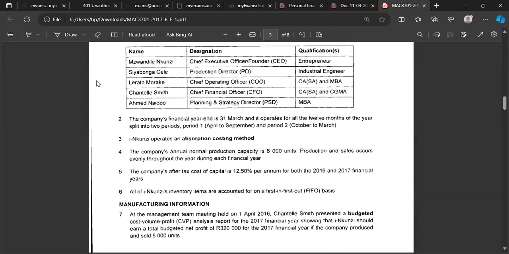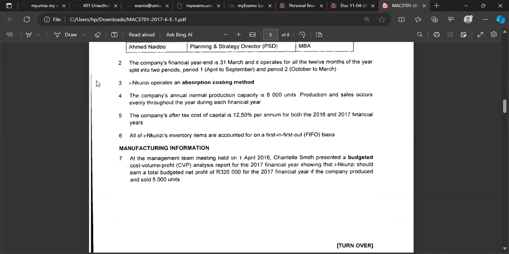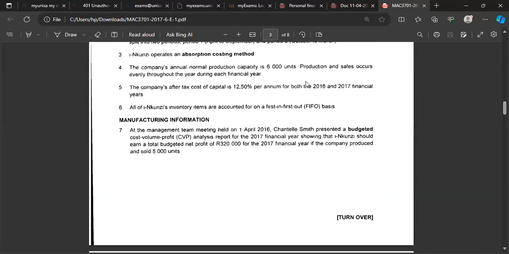Like I said, you want to stick to the actual words in the formula, so you can always check those anytime. We are saying that in order for these guys to earn a profit of 320,000, they need to produce and sell 5,000. So we can put that information there now.